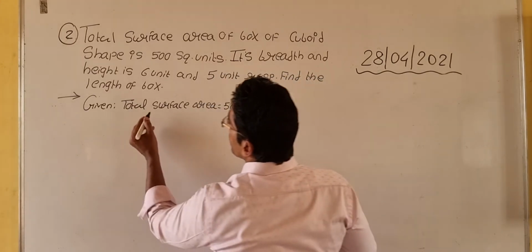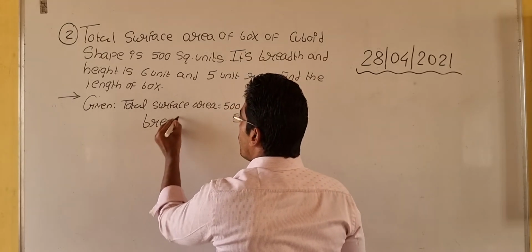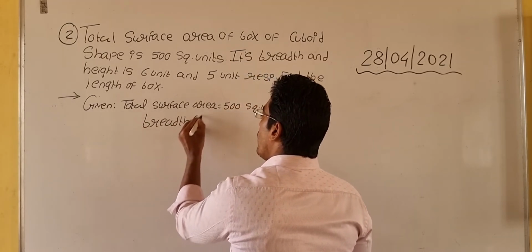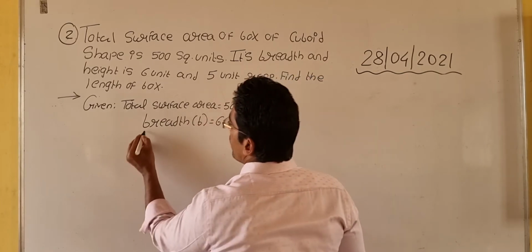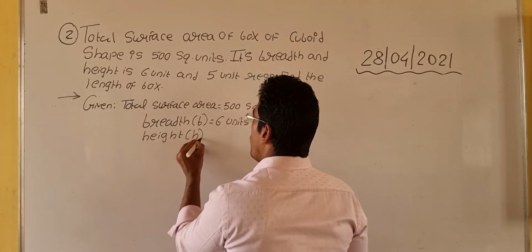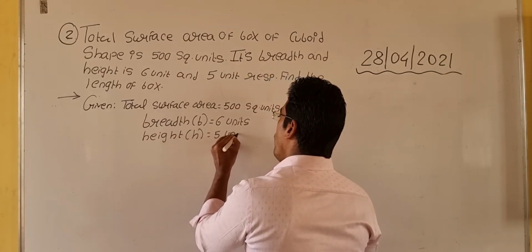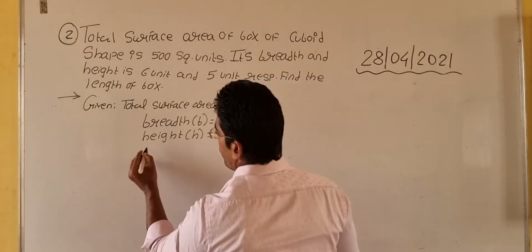Its breadth is 6 units, B is equal to 6 units. Height H is equal to 5 units. What we have to find out is the length.